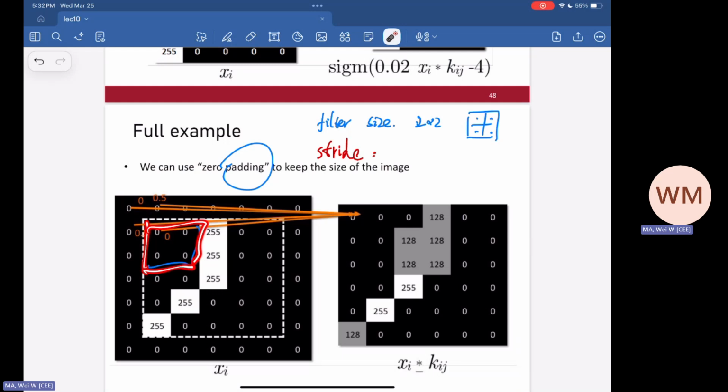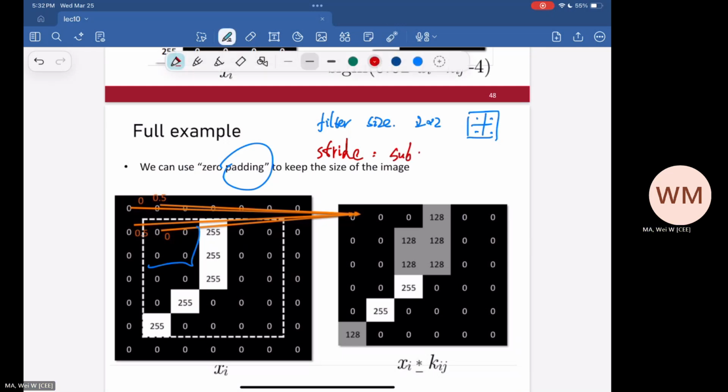Then after you calculate this, you calculate this one. This is stride equals 2. Then what is stride equals 3? You calculate this one, you calculate this one. Stride means next time how many steps you move. So stride can help you do subsampling. If you use stride equals 2, you actually are doing subsampling, or you can think of it as downsampling.